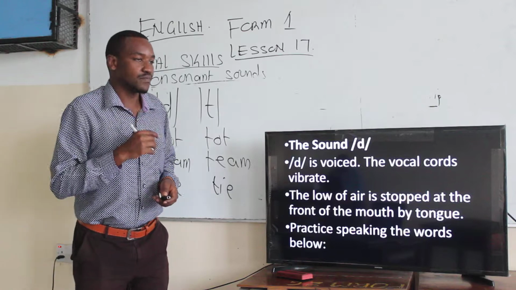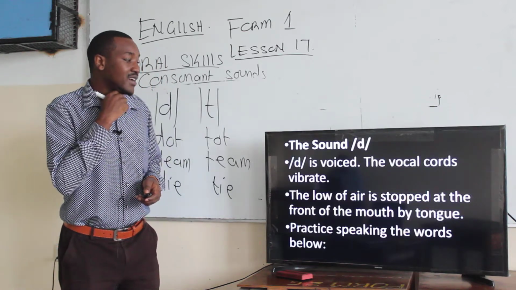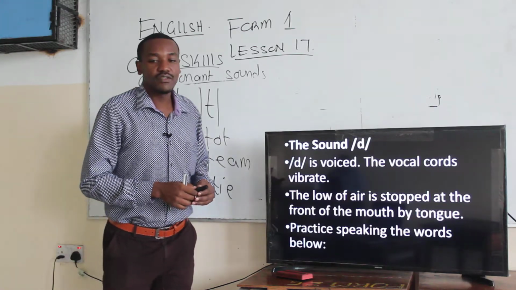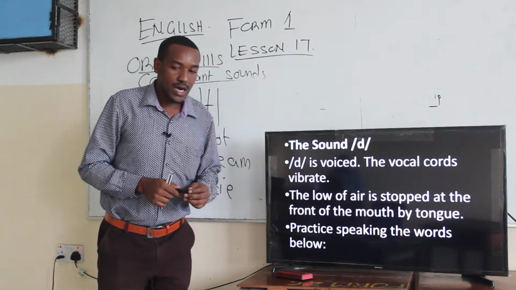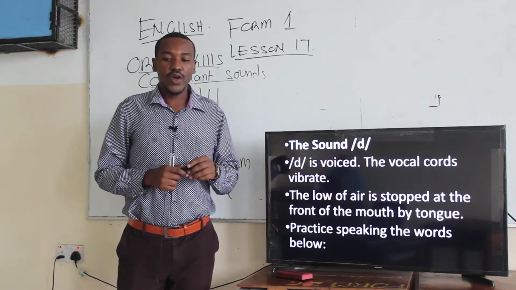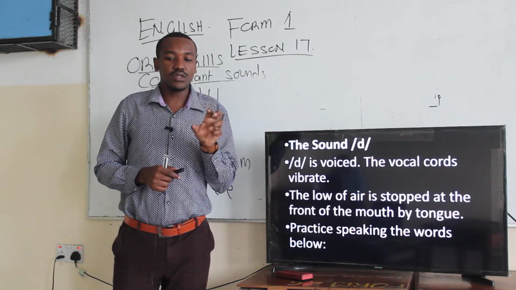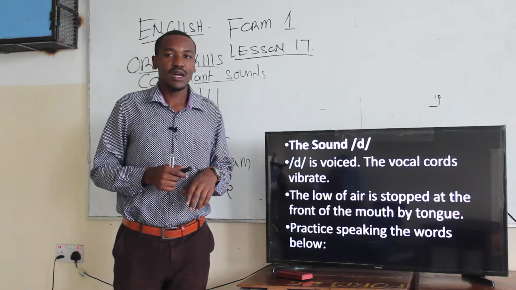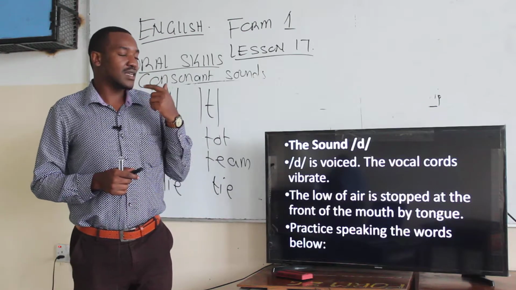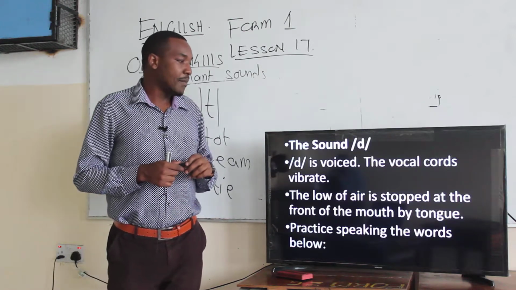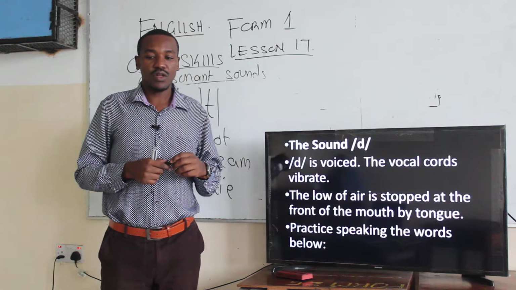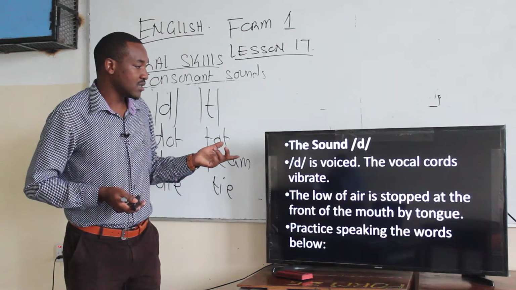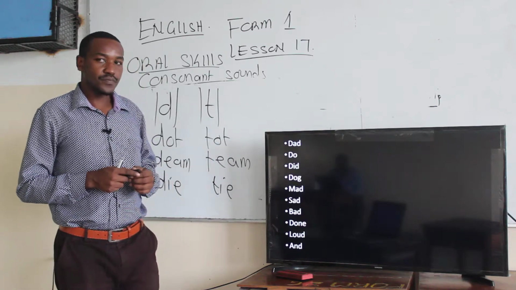Now, D, do, there, they: voiced. So the vocal cords really do vibrate. The air is stopped at the front of the mouth by the tongue. That's why when you say D, you feel the tongue touching the upper part of the mouth.